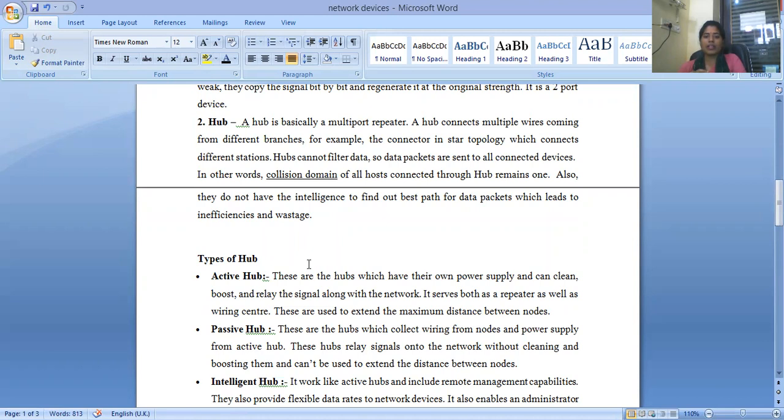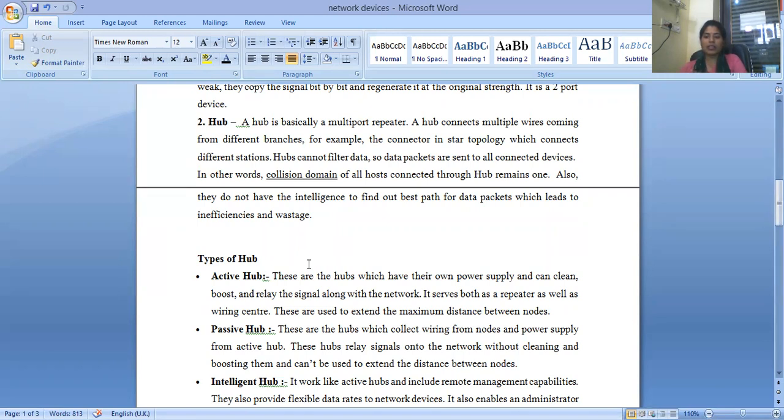A hub connects multiple wires coming from different branches or sources, for example, connecting different stations in a star topology. A hub cannot filter the data, so data packets are sent to all the connected devices.